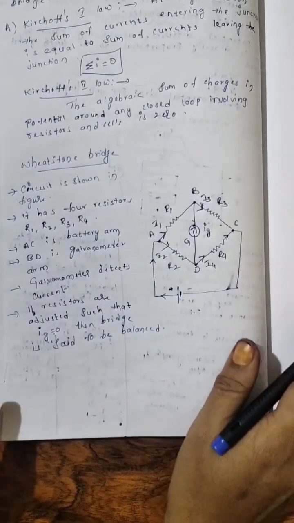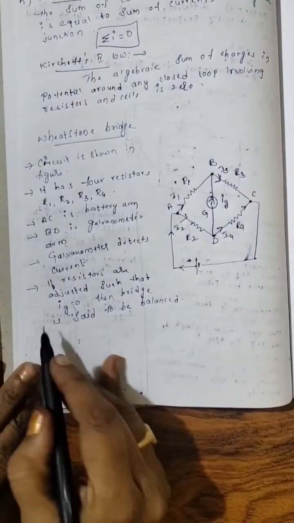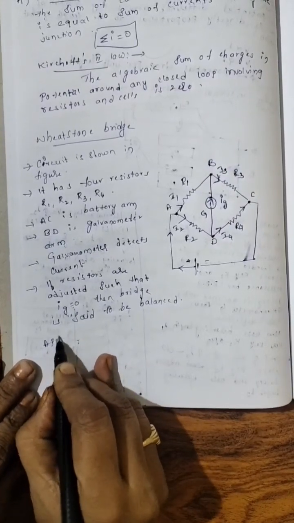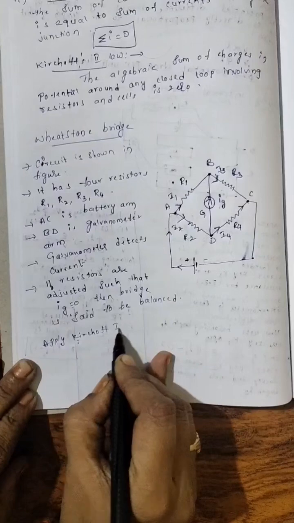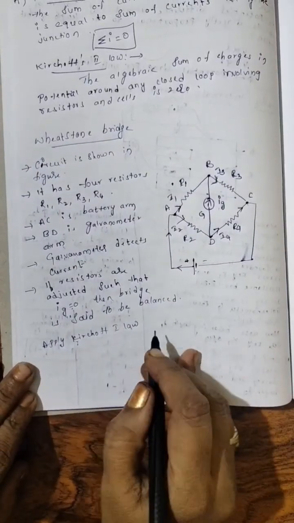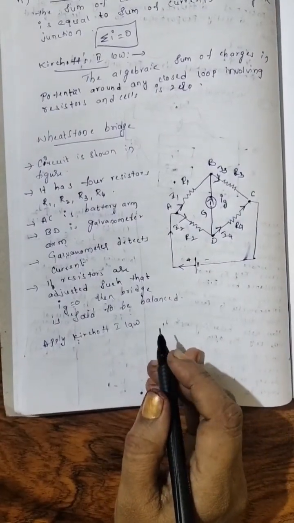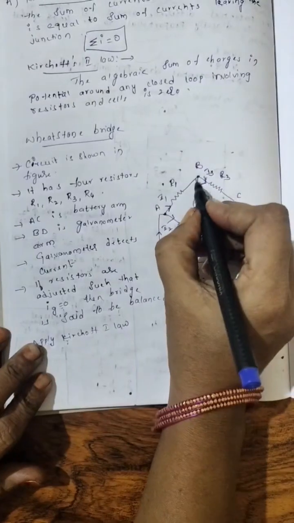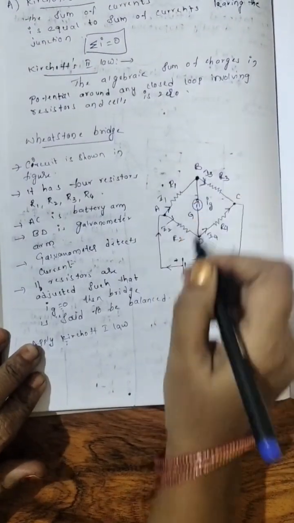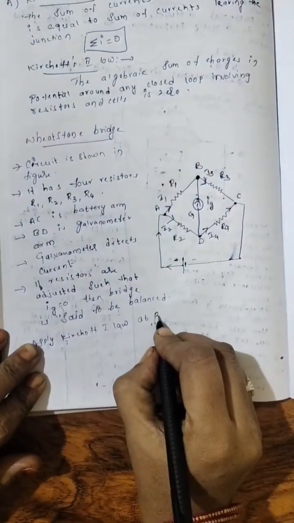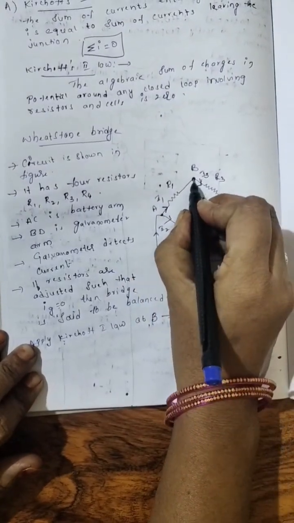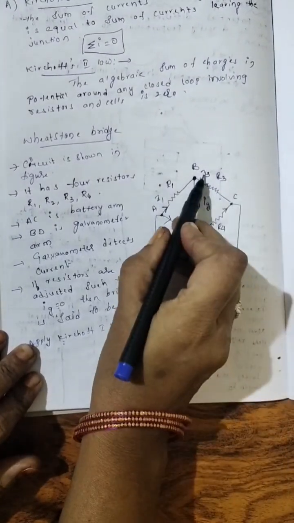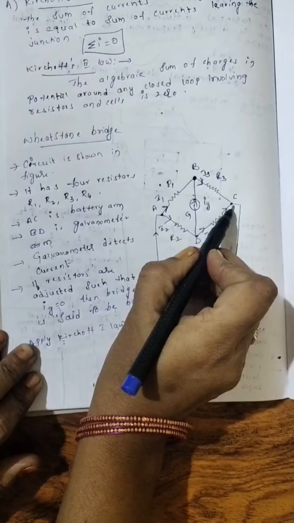Now, first let us apply Kirchhoff's first law at junction B. I1 is moving towards the junction, I3 is moving away from the junction.